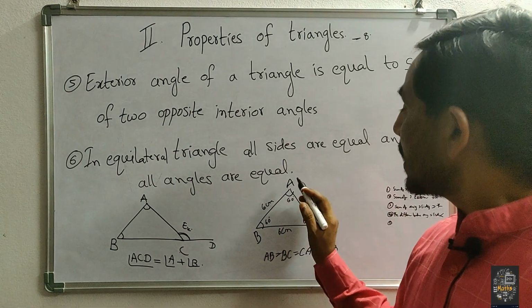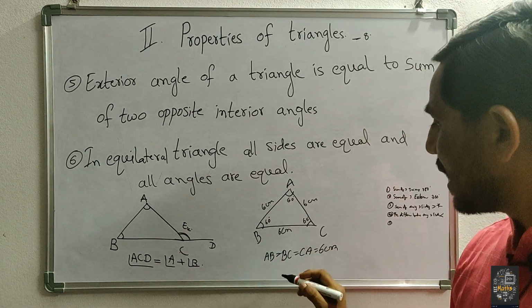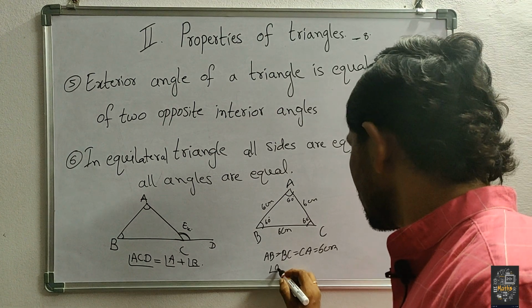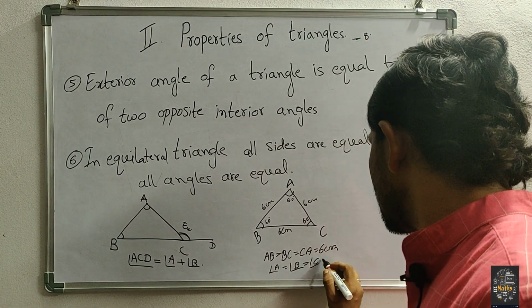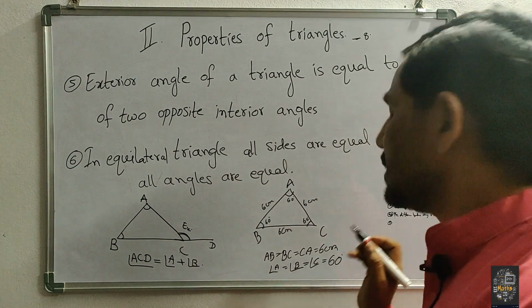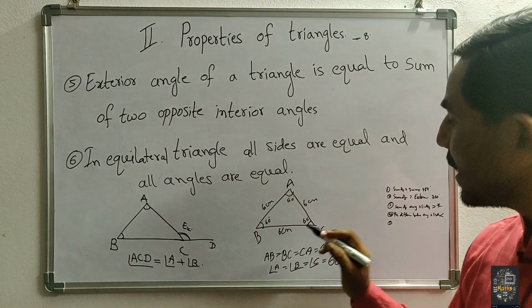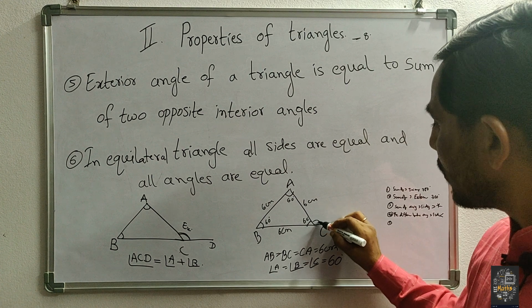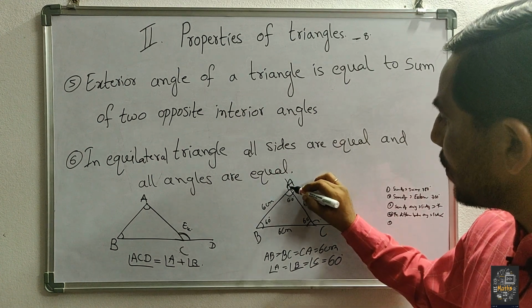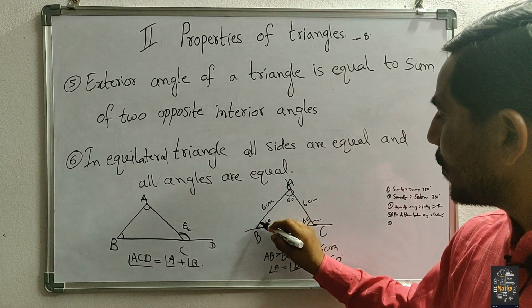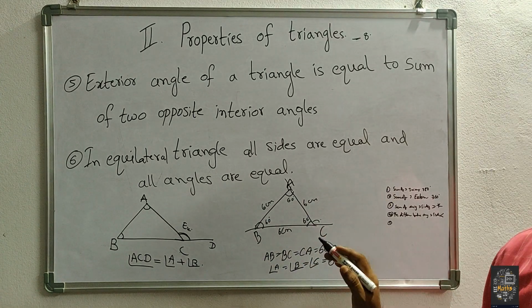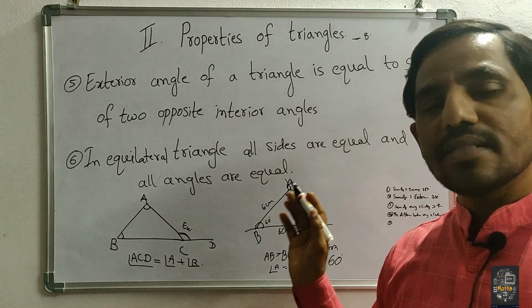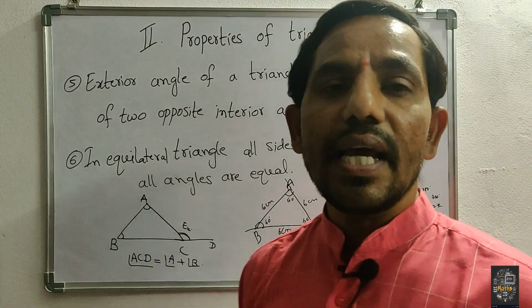Equilateral triangle means exactly angle A is equal to angle B is equal to angle C is equal to exactly 60 degrees. So here the exterior angles also, 120 plus 120 plus 120 are 360 degrees. Exterior angles sum to 360 degrees. Okay?